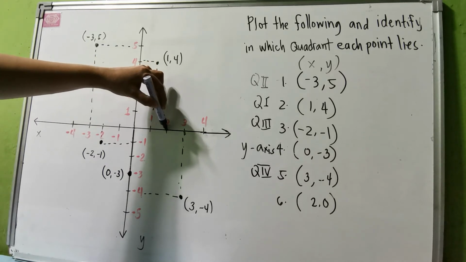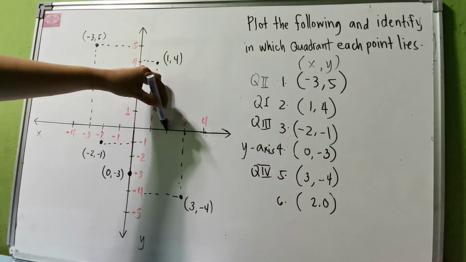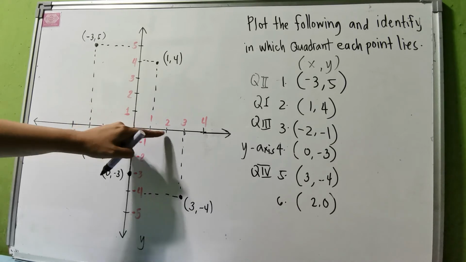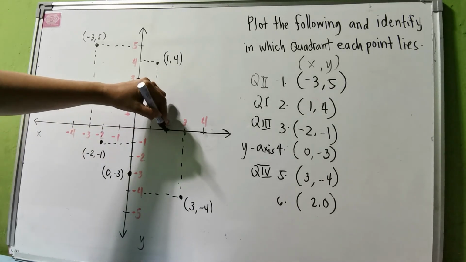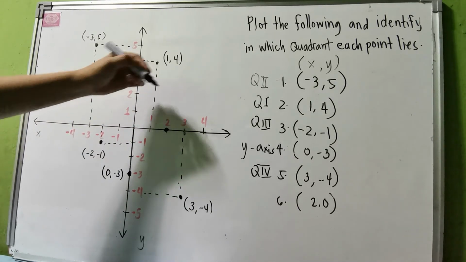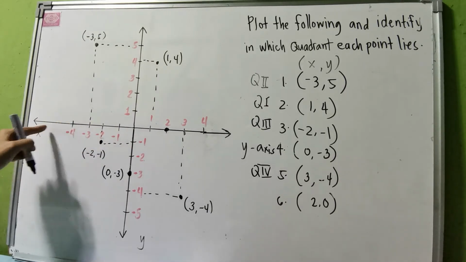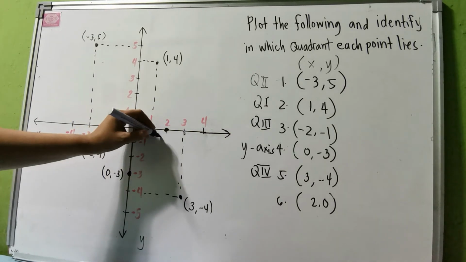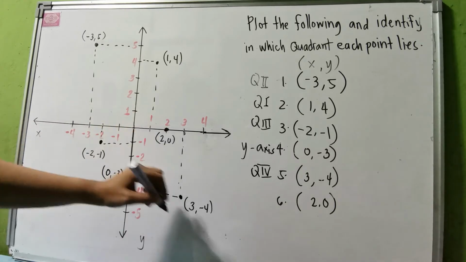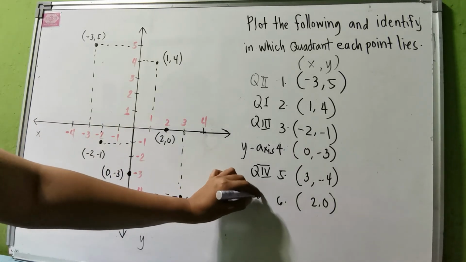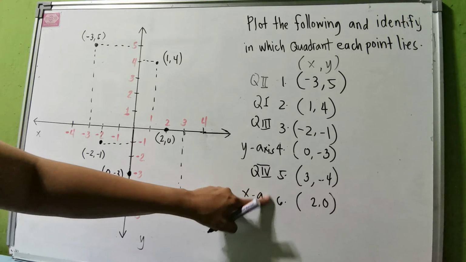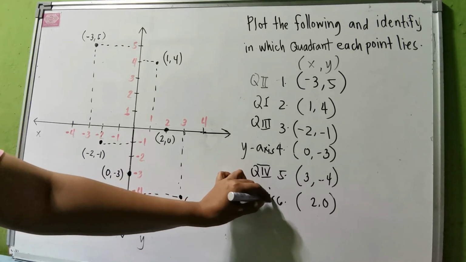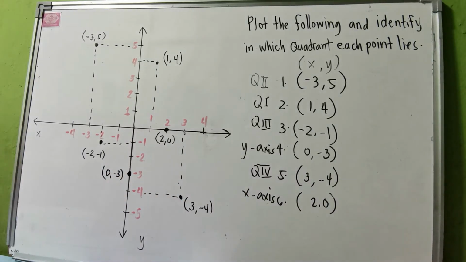Then, hindi na tayo mag-move since ang second coordinate natin ay 0. Ibig sabihin, yung point natin ay exactly lying on the x-axis. So, ang ilalagay natin dito ay, ang location niya ay along x-axis or x-axis na lang.